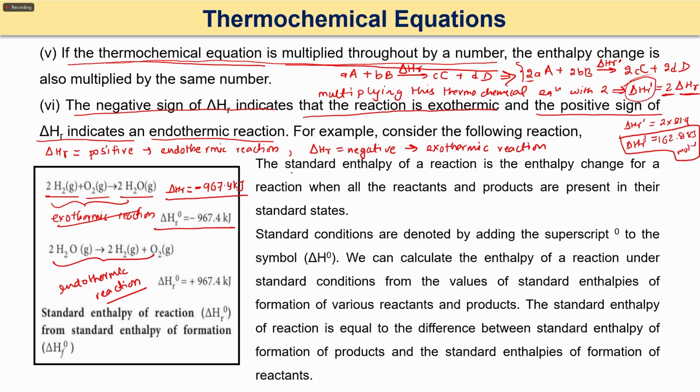Here they have written that the standard enthalpy of reaction is the enthalpy change for a reaction when all the reactants and products are present in their standard state. If the enthalpy change of reaction is calculated when all the reactants and products are in their standard state, then we call it the standard enthalpy of reaction.